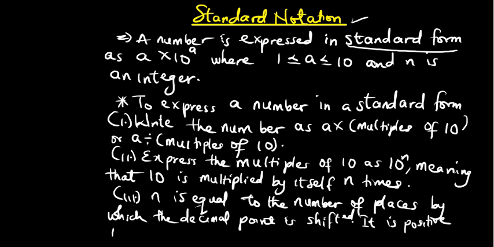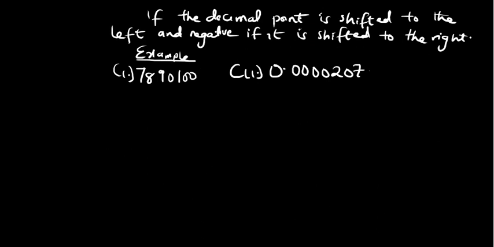It is positive if the decimal point is shifted to the left, and negative if it is shifted to the right. Please take note of this statement, because these are the things we will be using.